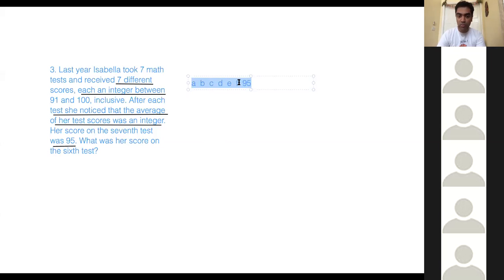What should the average have been before she got a 95 for the average to still have been an integer? Let's say the average of the first 6 tests, A, B, C, D, E, F, is some x. We want to know what this x is. So we can work backwards. If we know what the average of those is, maybe we can use that to find the last one.